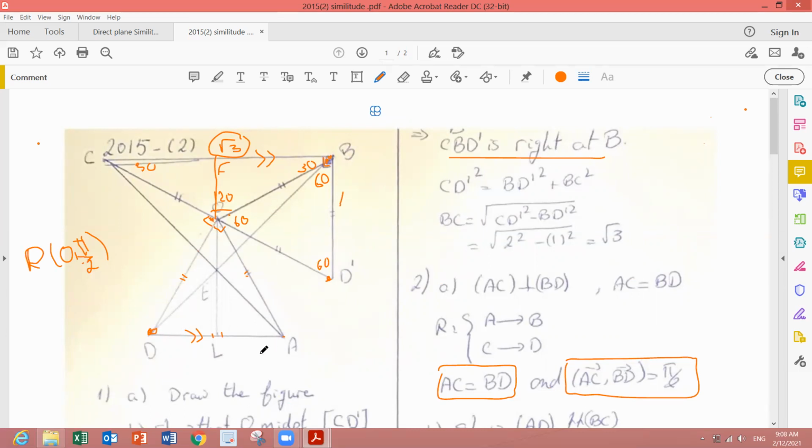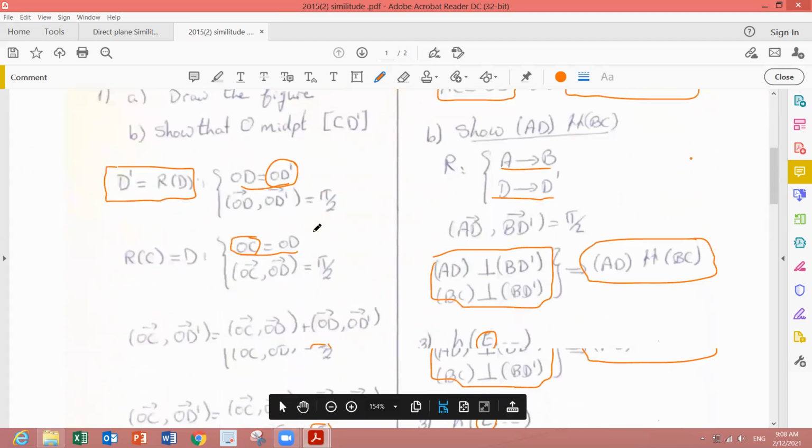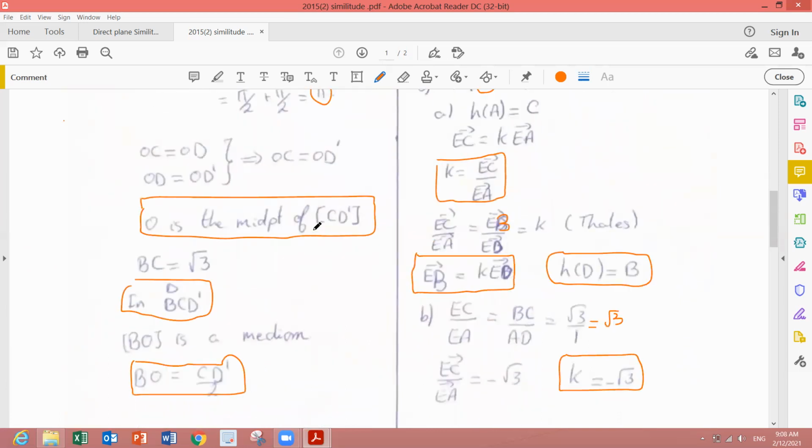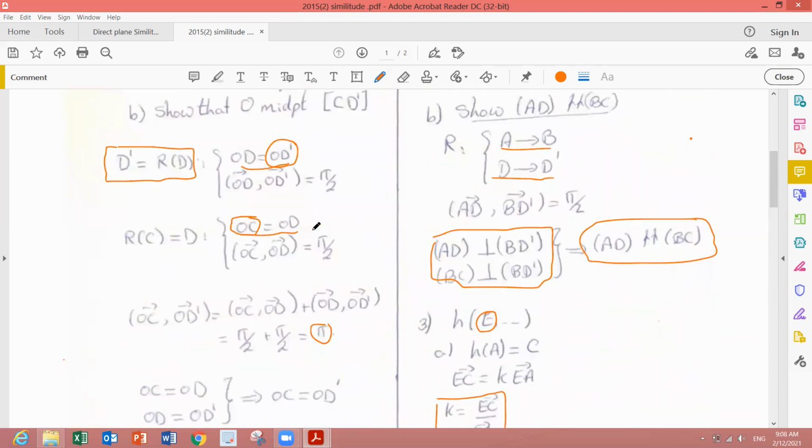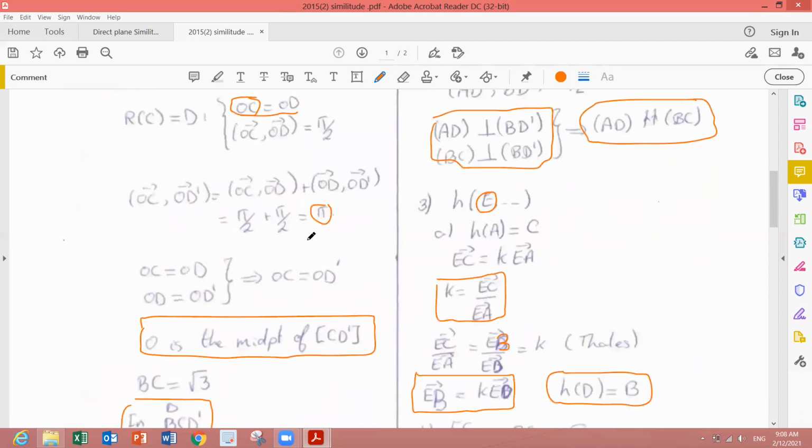L is the midpoint of AD, so H of L is the midpoint of H of AD, which is BC. So F is the midpoint of BC.